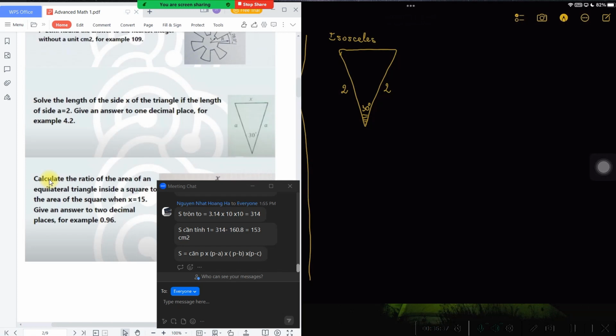That is, this triangle is an isosceles triangle. So this means 180 minus 30 is 150. 150 divided by 2 is 75 degrees, isn't it? But you have to find the x here, isn't it?